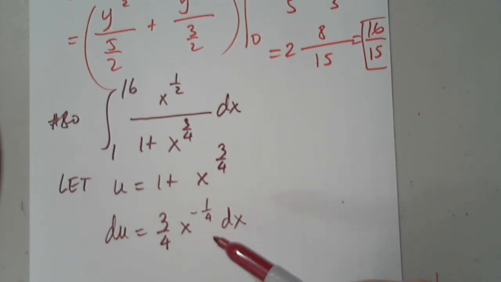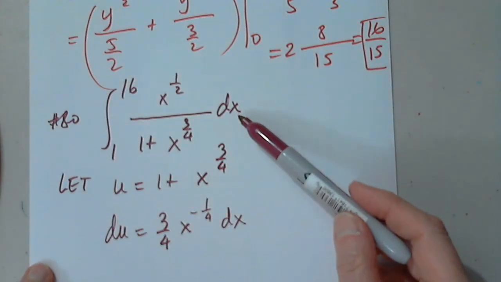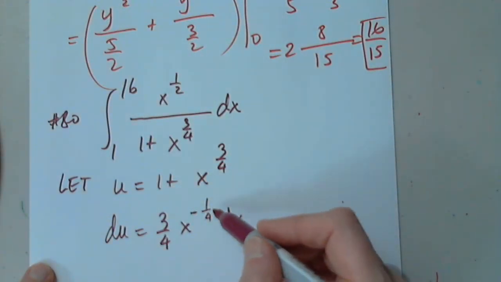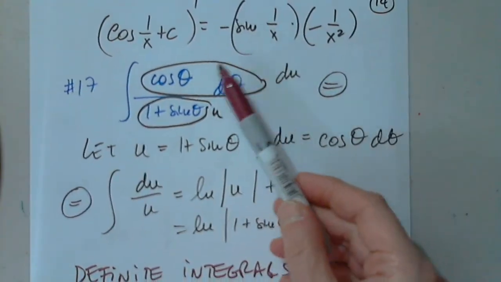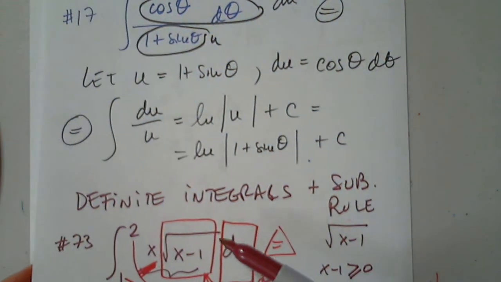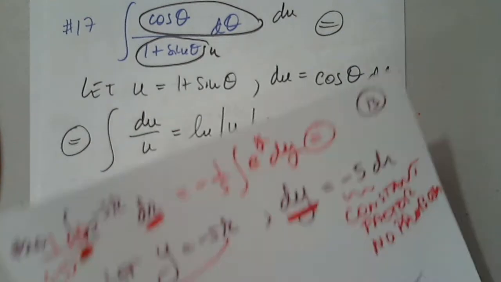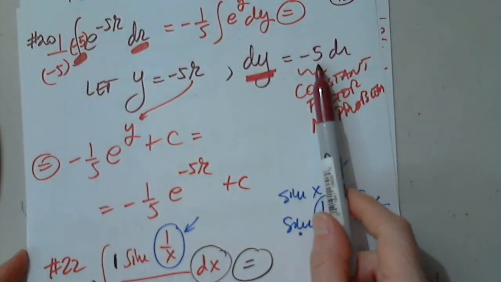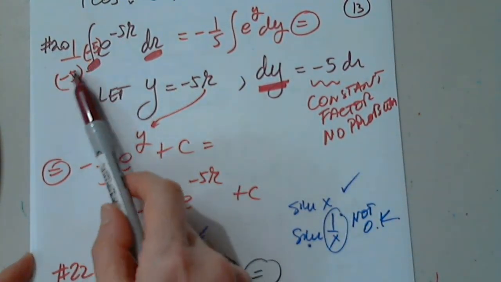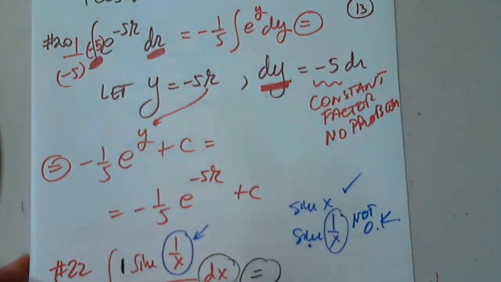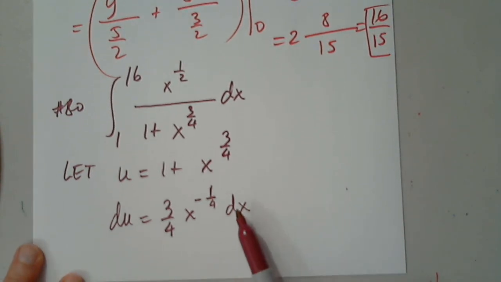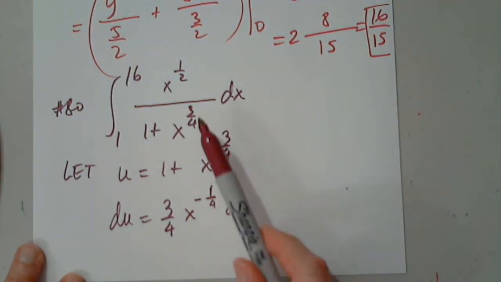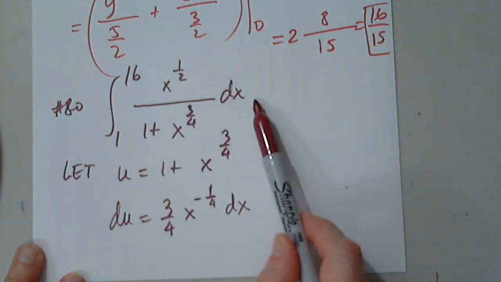Okay, so now in this particular situation, remember everything I showed you, it was very simple to make up a sign or a number, right? We had that -5. Every time there is a constant or a sign, I can always make it up, multiplying and dividing by the same number. Sometimes that may not work, like in this case, because I'm not really getting x to 1/2 to say, oh, that's easy, this is du.